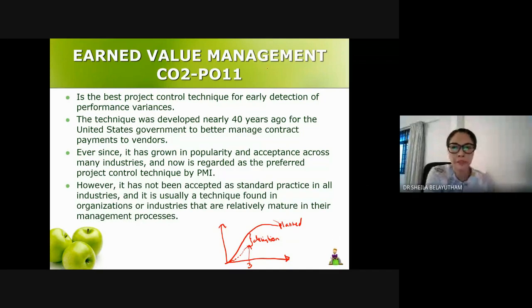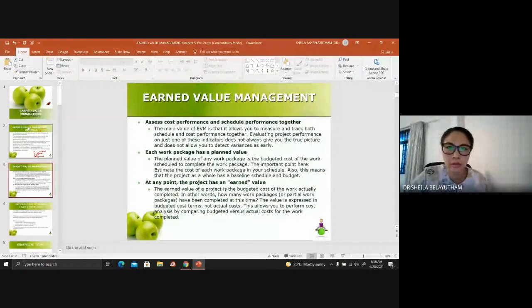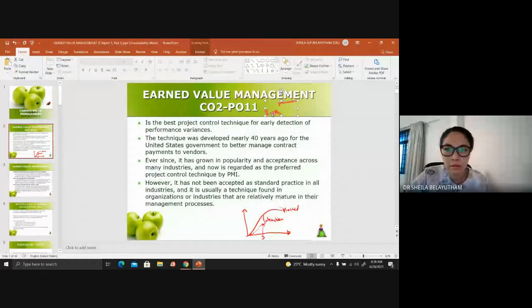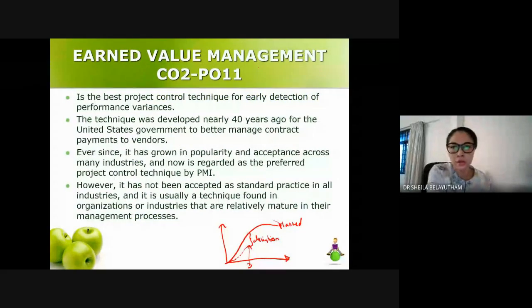Earned value actually represents two variables. Earned value basically gives you a representation of time performance and also cost performance.